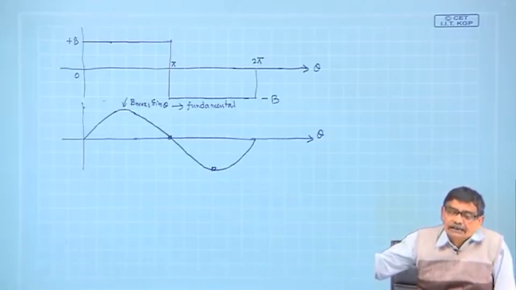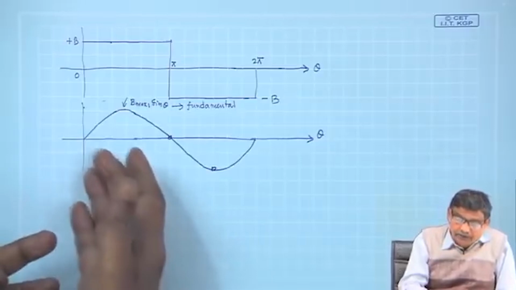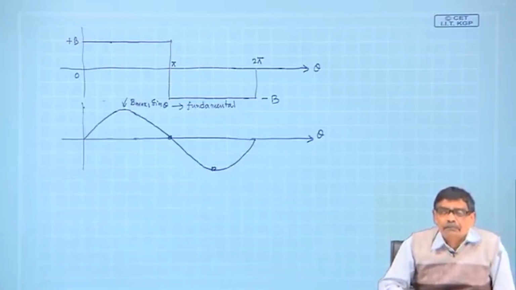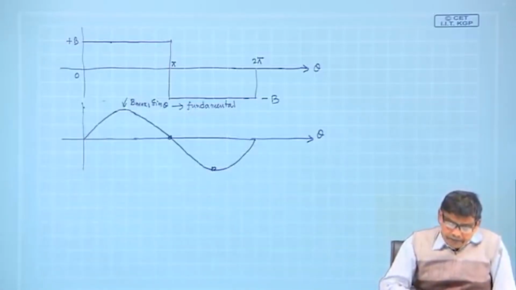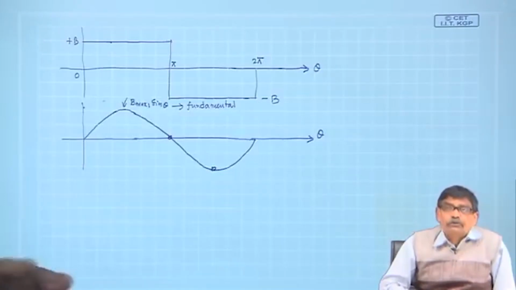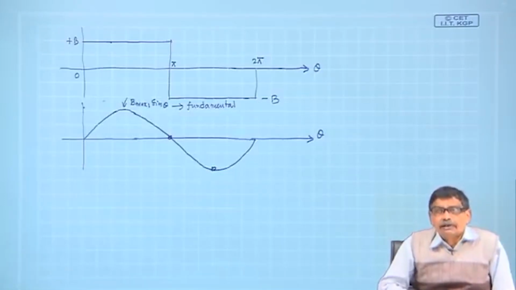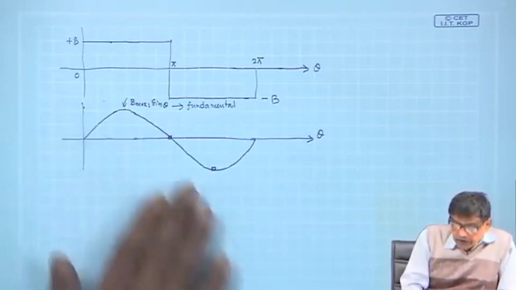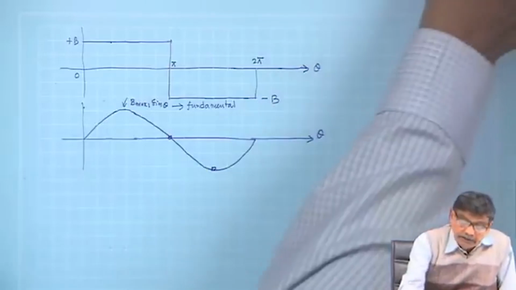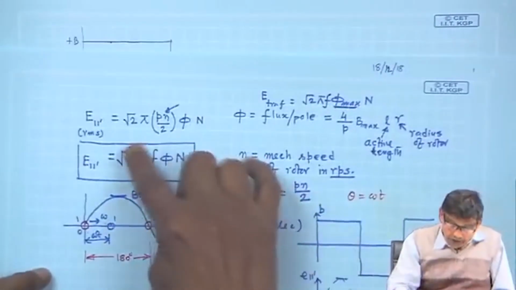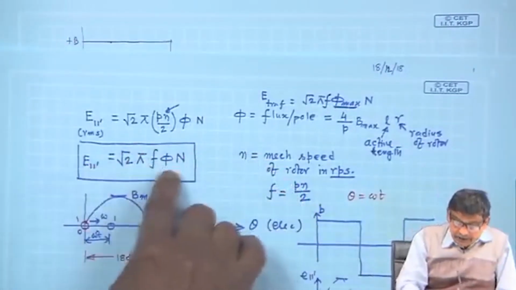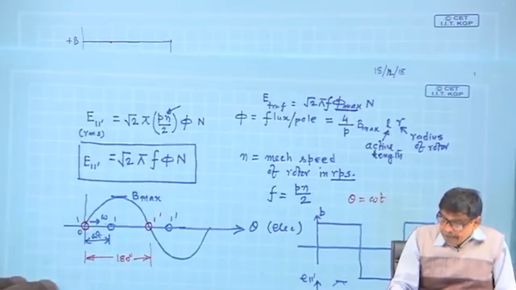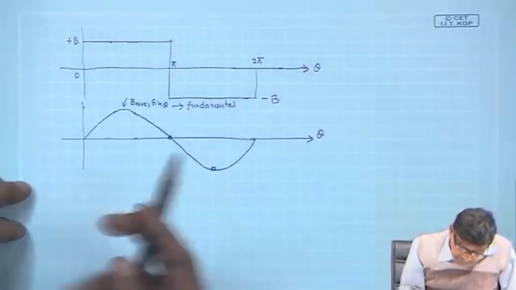No point in taking the 13th harmonic component to calculate the voltage, because they will become negligibly small. Those who have done Fourier analysis know that higher order components' amplitude will go on decreasing. But once you break it up into sinusoidal distributions, for each component you will be able to apply these formulas. Why not? Because this is valid for sinusoidal distributions.